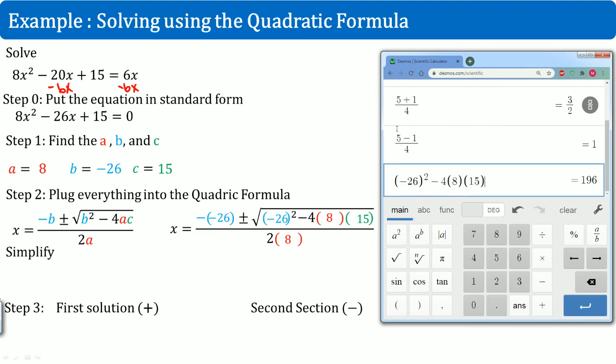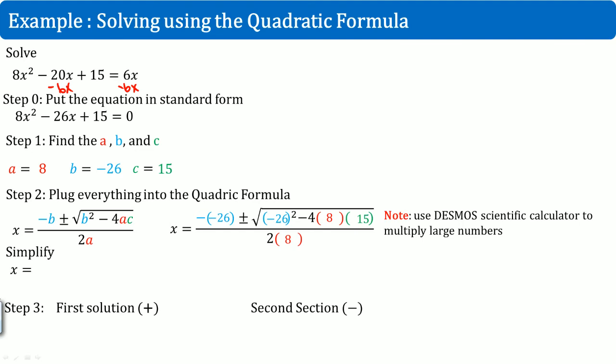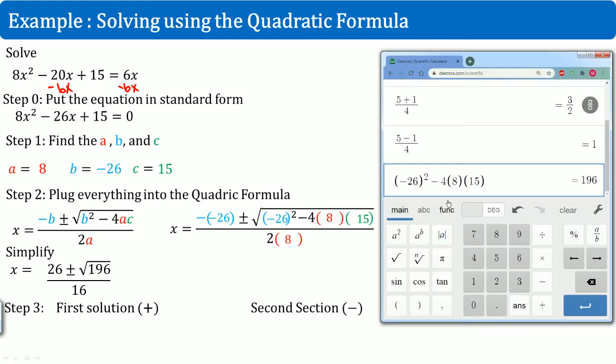So we saw that it was the radical 196. Okay, so it was 26 because the negative times the negative is a positive. So 26 on top, 2 times 8 is 16 on the bottom, plus and minus the radical 196. And again, decimals show you why inside that radical was equal to 196.